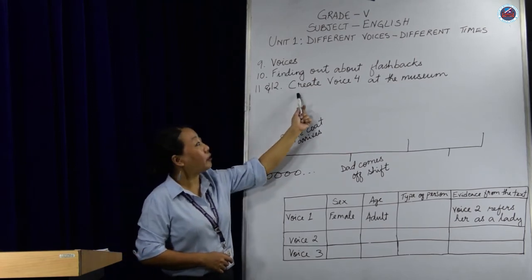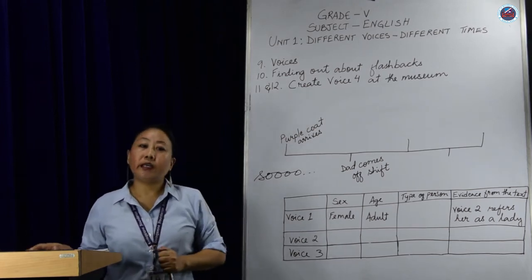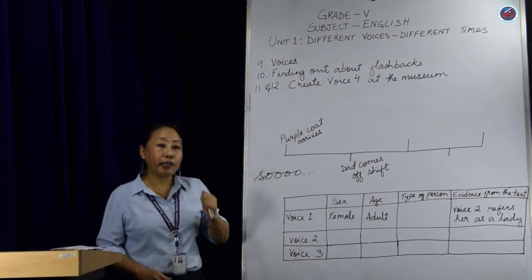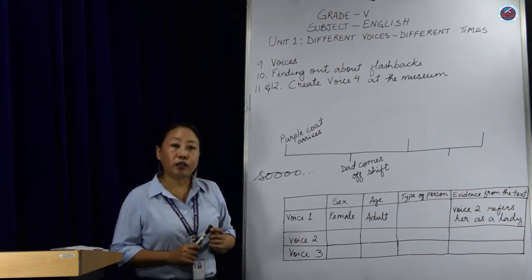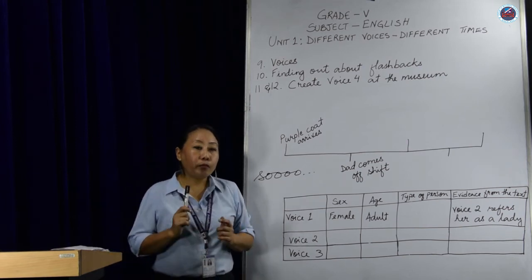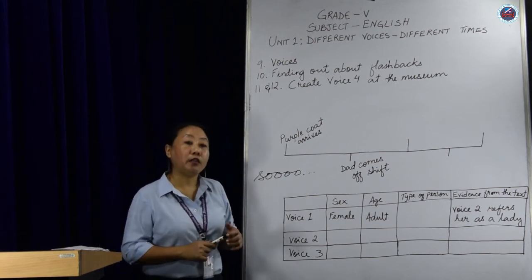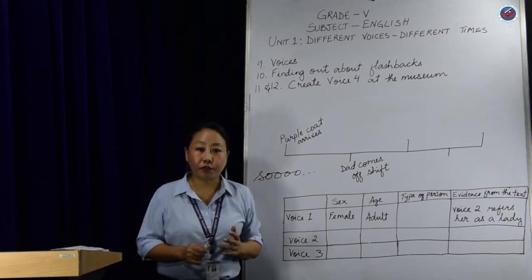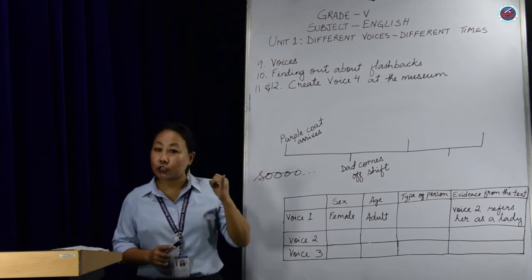Our next topic, create voice 4 for Voices in the Museum. In Voices in the Museum, 3 characters narrate the event, but a 4th character is also part of the story. Here, we have to build voice 4 using the clues found in the story. Now, to create a profile of voice 4, we can ask questions like, who is voice 4?